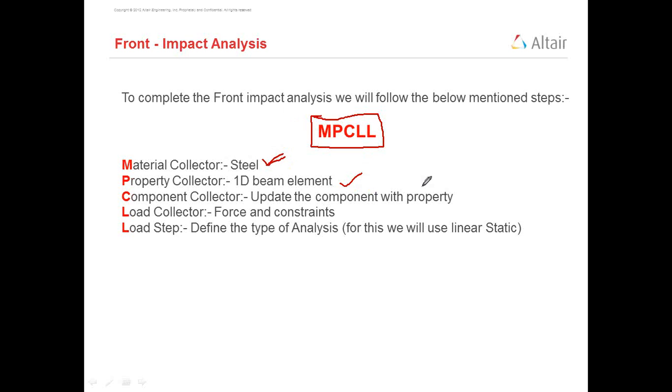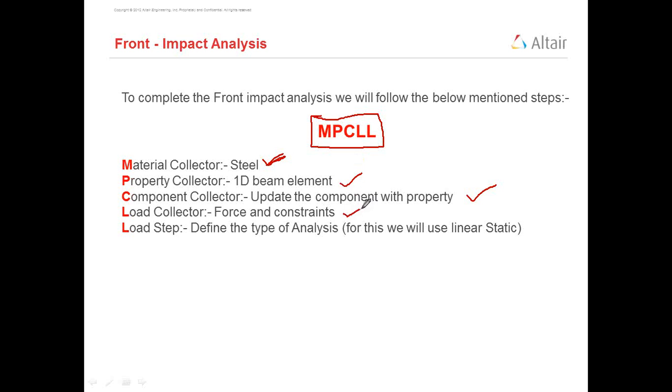So I will create a 1D beam element, that is the hollow section. Then I will create and update the component on which my elements are available with the appropriate property and material. So all the elements will get a proper material and properties.